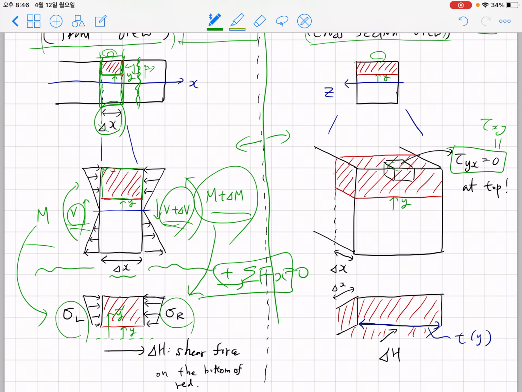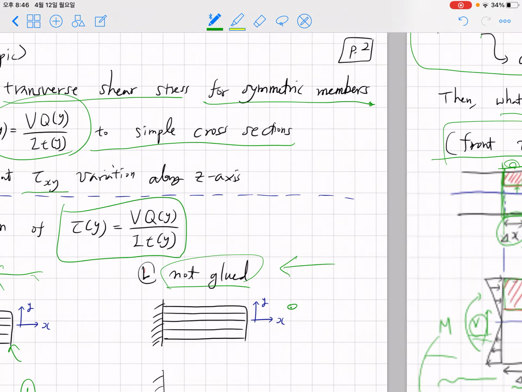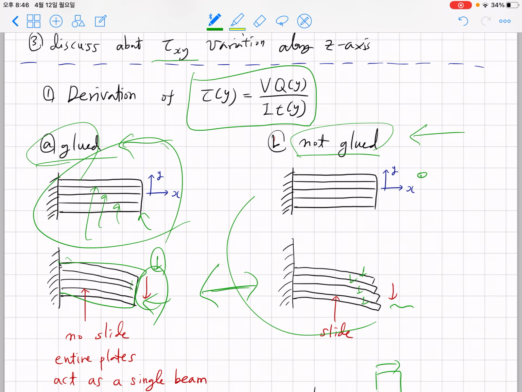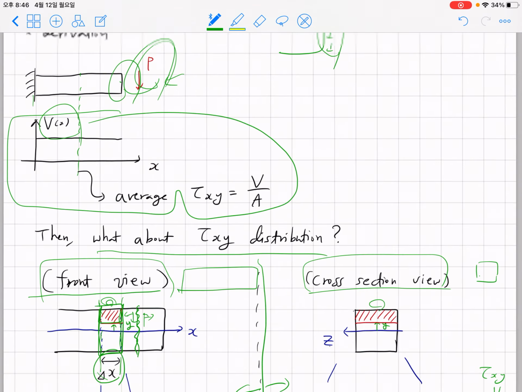In addition to this left and right side stress due to M and M plus delta M, we have shear force along this interface. This is what we discussed on the previous page, right?